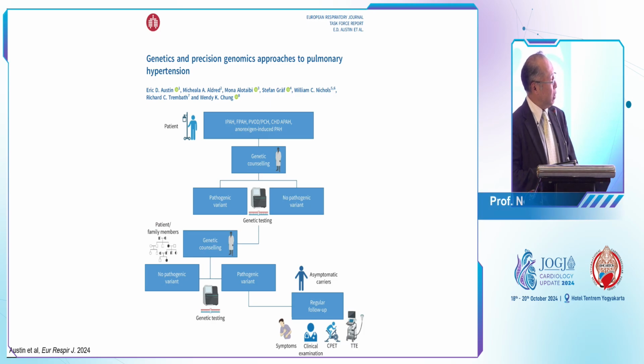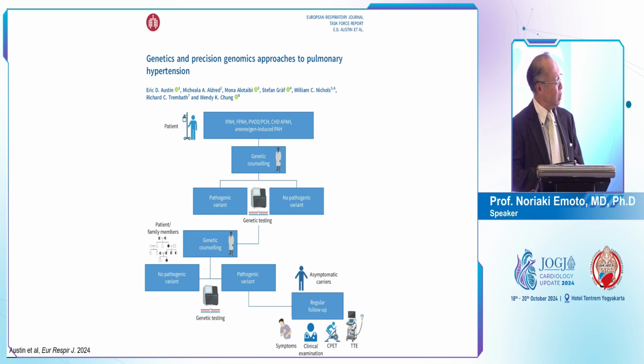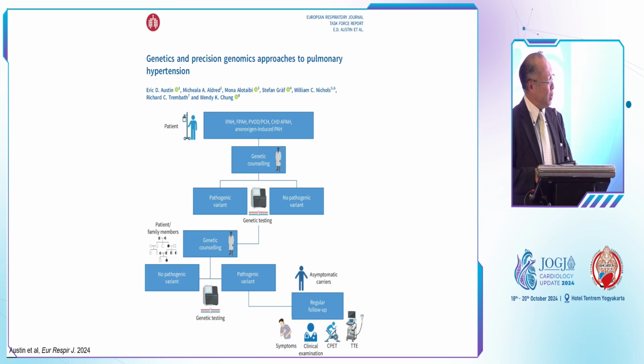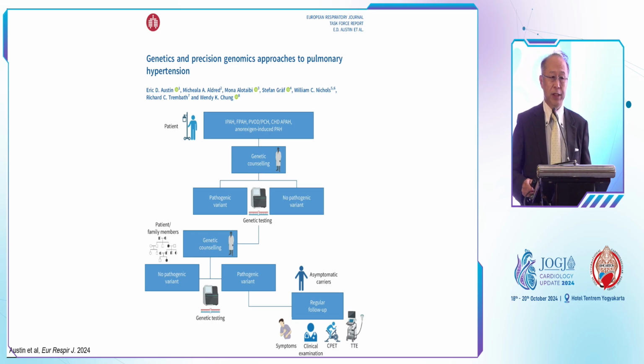After that, family members, after appropriate genetic counseling, should be checked for their mutations. And if pathogenic variants are identified, even though they are asymptomatic, they should get regular follow-up, including symptoms and clinical examination, or CPET, or echocardiography.